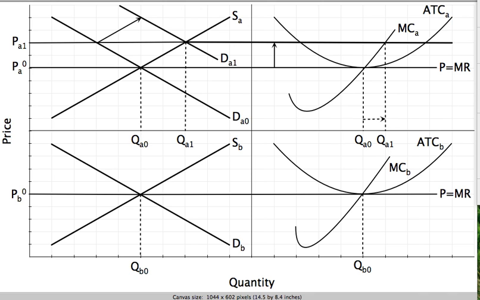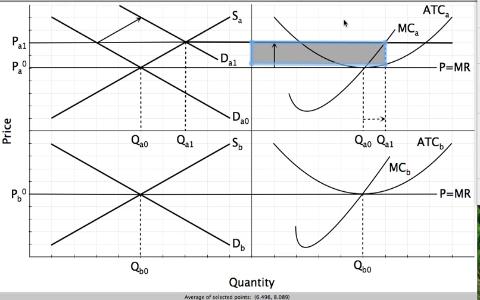So let me highlight that area. So what do we do here? This is going to be the area of profits right here. So the firms that produce good A, because of this shift in demand, are going to see that they go from zero economic profits to a positive economic profit.